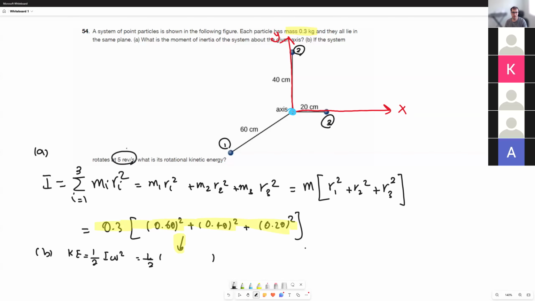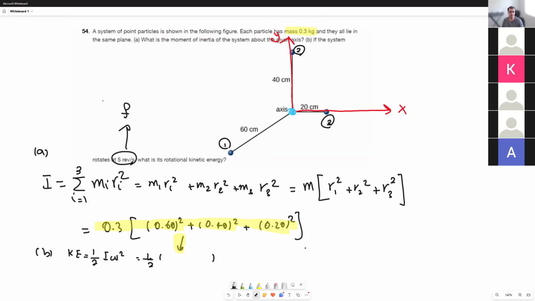For omega, they gave you revolutions per second. Is that omega? No, revolution per second is a unit of frequency. Exactly.